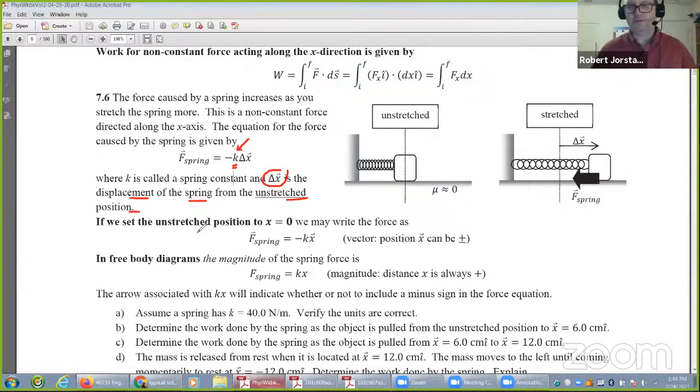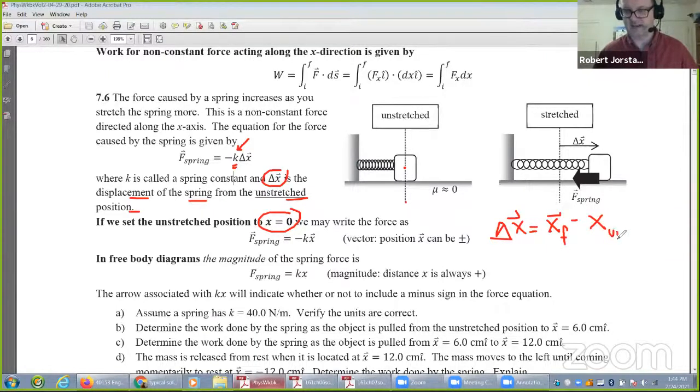However, usually in any spring problem, rather than choosing X wherever you like, we choose X to be the unstretched position. If you set X initial to 0, delta X would be something like X final minus X unstretched.